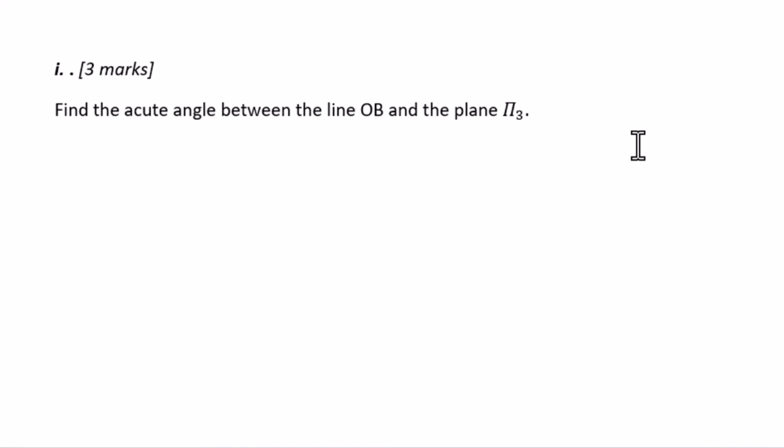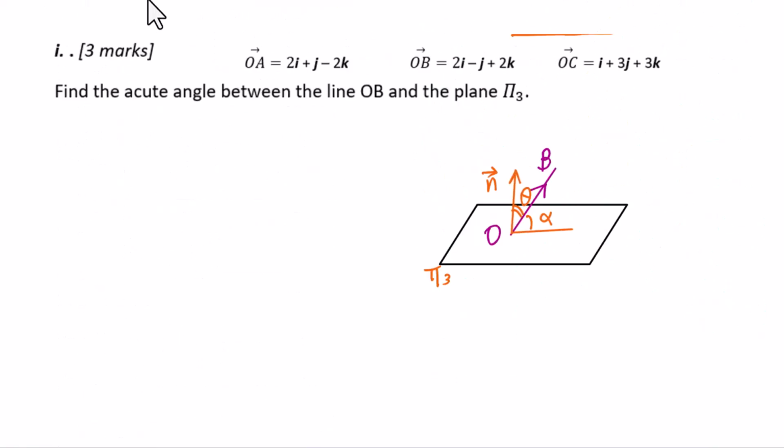Let's go to I. Find the acute angle between the line OB and the plane pi3. We got the normal vector n3 of the plane pi3.